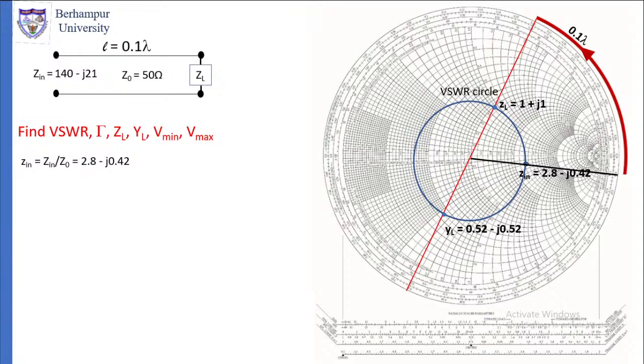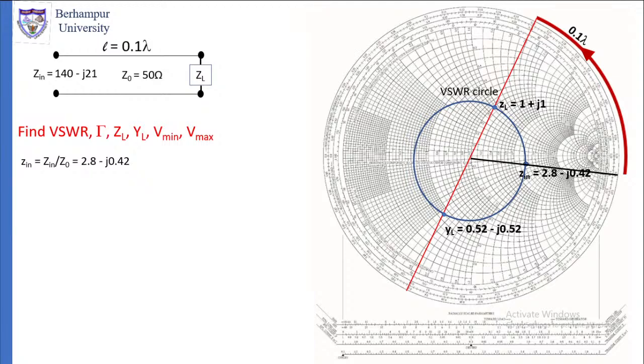So if we move half a circle on the VSWR circle from ZL, then we will reach a point which is YL. Invert means it becomes 1 by ZL. So we move half a circle along the VSWR circle from ZL and reach YL, which is equal to 0.52 minus j0.52.